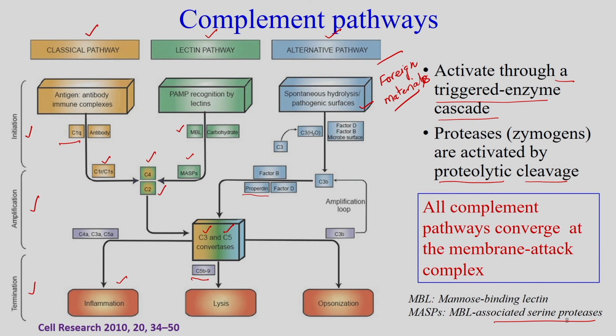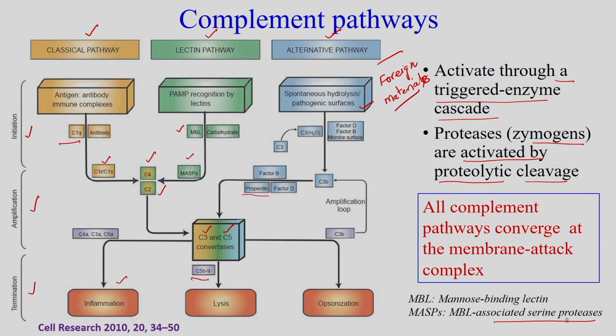So, these proteases which are there in the inactive form, we also call them zymogens. They are already present inside the body, but they get activated only after the proteolytic cleavages, and that is triggered by antigen antibody immune complexes, or recognition by lectins, or the presence of pathogenic surfaces, foreign materials or spontaneous hydrolysis.